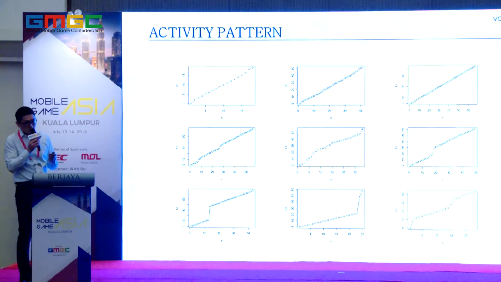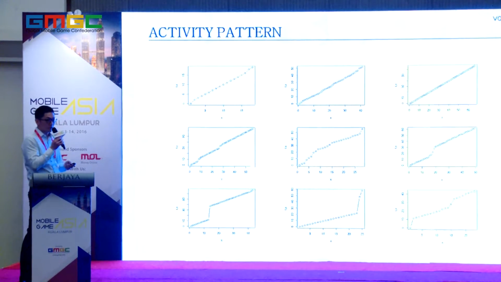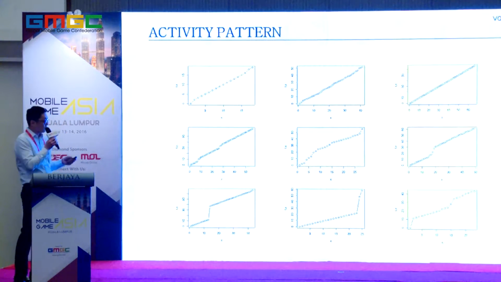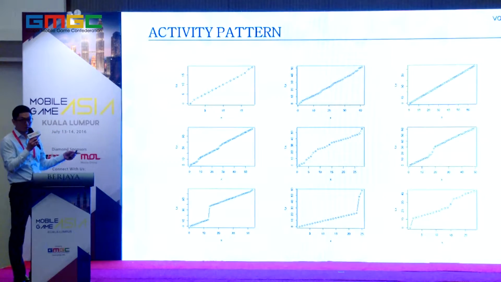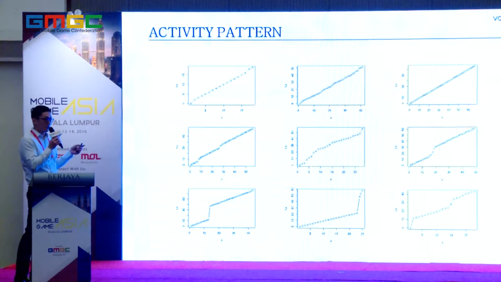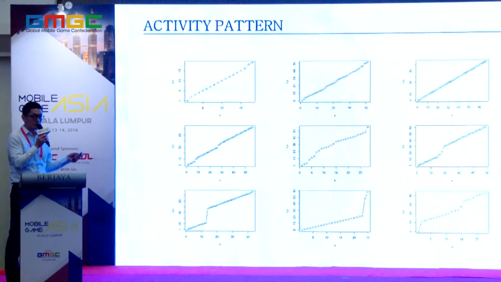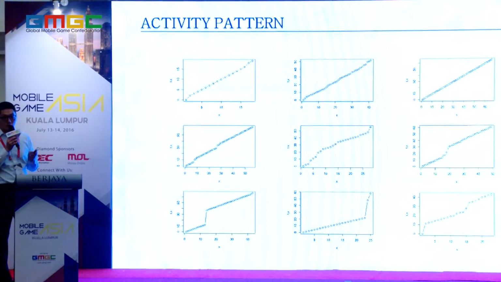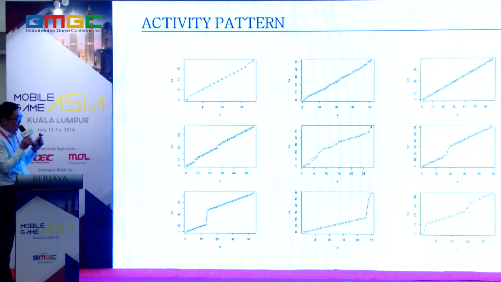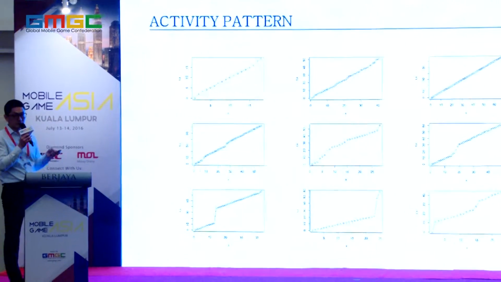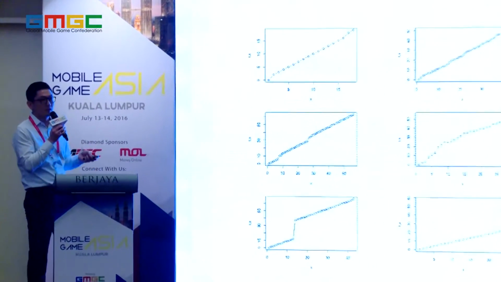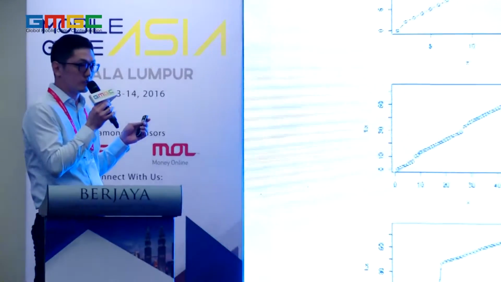We first look at the user's activity pattern. All these graphs were extracted from actual data, from an application where the users have already churned out. Why do we use this data to look at the users' activity? Because we wanted to understand the behavior and activity from these users' patterns throughout the lifetime.